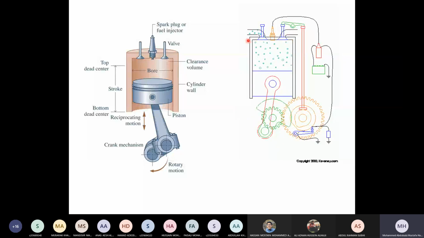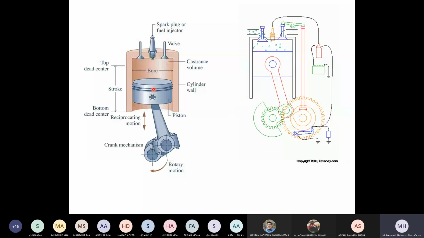If you take a minute here and follow what's going on. There's an intake while the piston is moving down, and then compression, then combustion, and then this opens to get the gases out. While this is going down, the inlet valve opens, the charge goes inside. So I have fuel and air now.